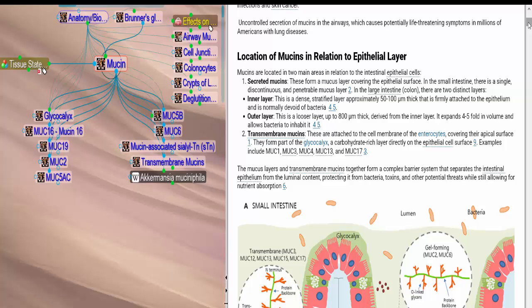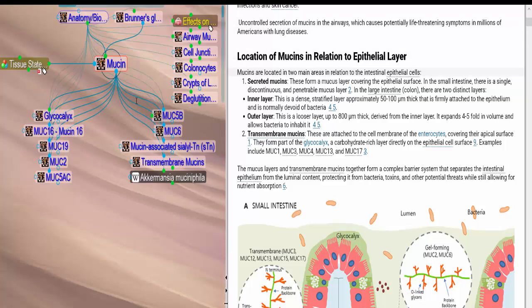And there are also transmembrane mucins. Those are attached to the cell membrane of our enterocytes, covering their apical surface. Remember, apical means the top part. And they form part of the glycocalyx, which is a carbohydrate-rich layer directly on the epithelial cell surface.